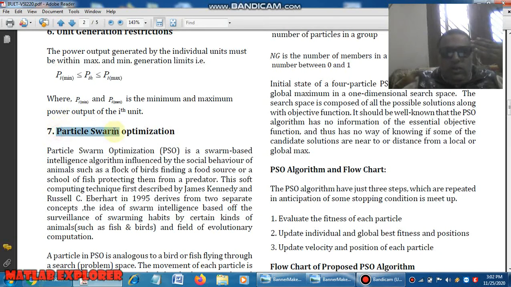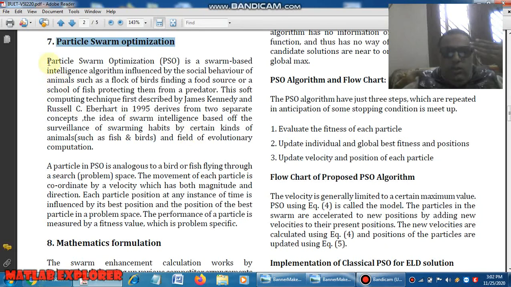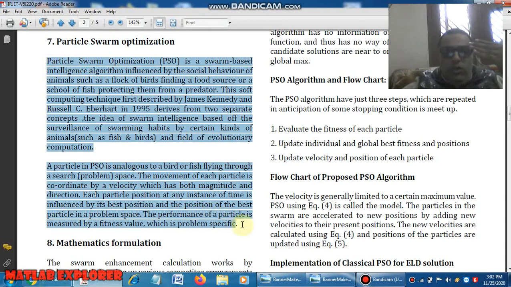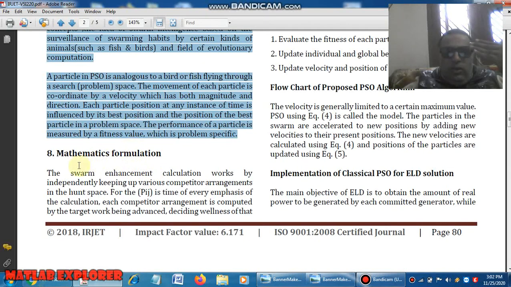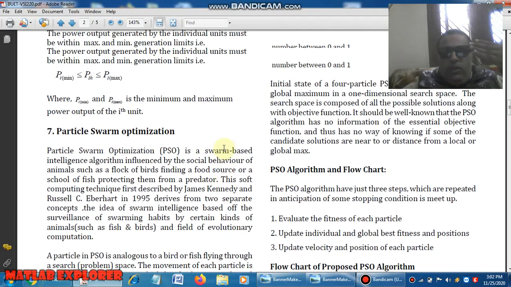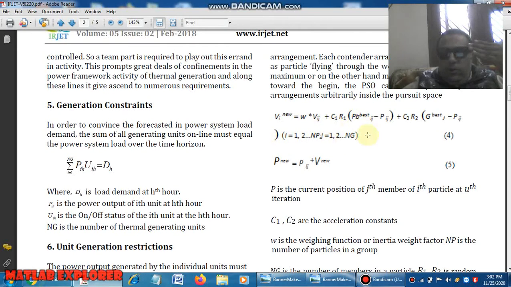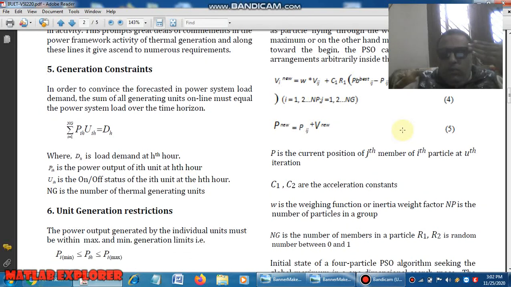In this case it is particle swarm optimization. This is an artificial intelligence technique. Here again you can include some theory, and then you can define your mathematical method in terms of equations. These are the equations of the suggested technique, particle swarm optimization.